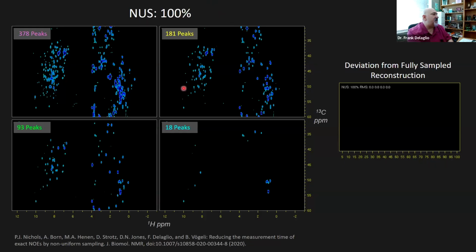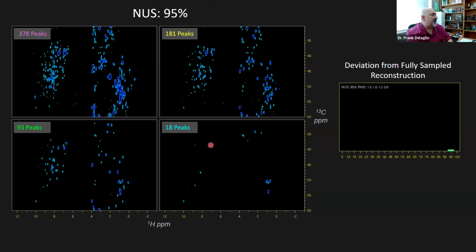So at 100% sampling, all of these cases look good. At 95%, 90, 85, 80, everything looks quite good in all of these cases. Now we get down to 50% sampling, we can start to see artifacts in the spectrum that has 378 peaks. But the spectrum with 180 peaks still looks good.